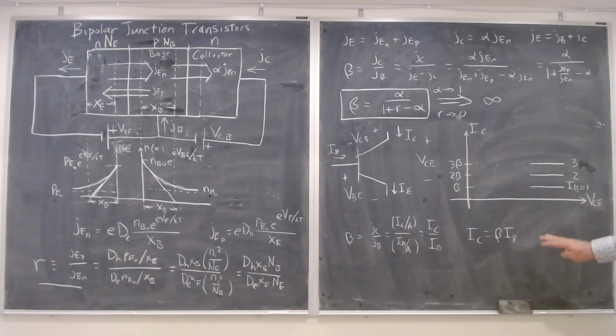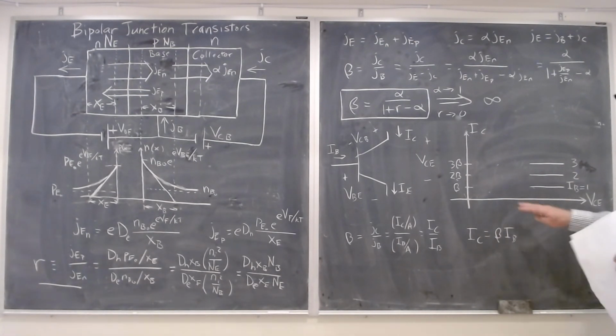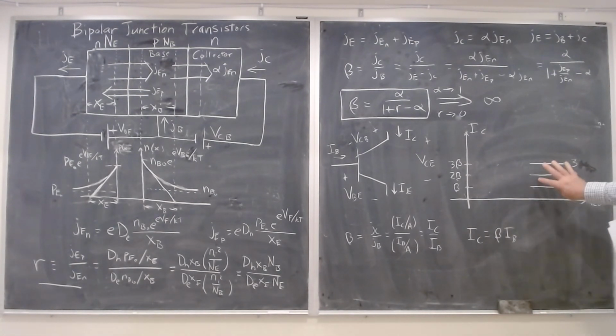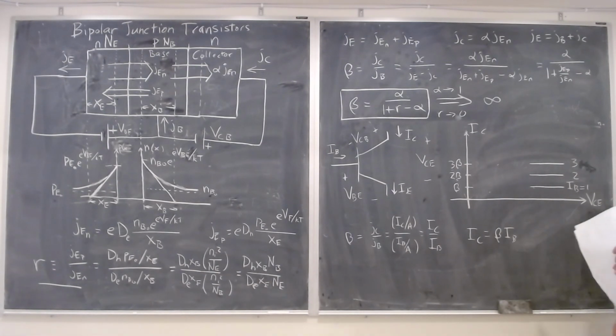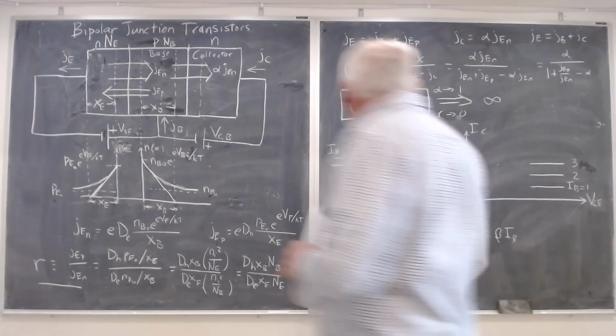And that's as far as we're going to go today. So we've gone as far as showing our I versus V for different IBs out here where VCE is high, so to speak. And I want you to sort of be aware.